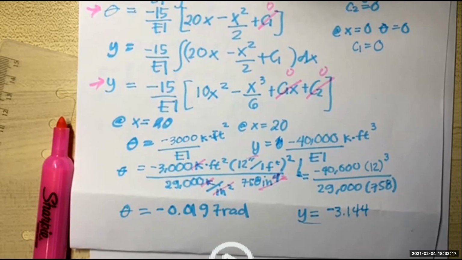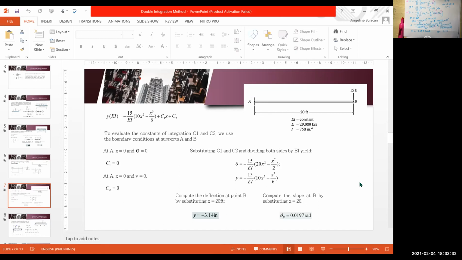Check ko yung sa presentation. Yan, tama yung sagot. We have here Y, 3.144 inches, and then the slope is 0.0197 radian. So, question so far? Wala naman.